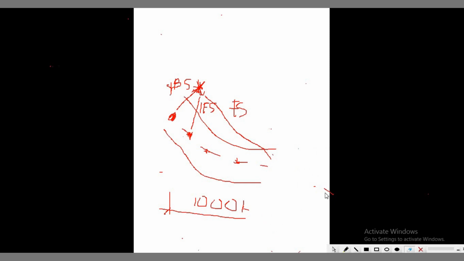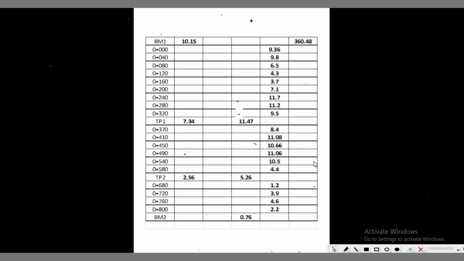So, static profile leveling. Now, how are we going to tabulate these points and how are we going to solve for the elevation for these points? Here is an example of a profile level node. Ito yung survey na ginawa nila. So, for this profile level nodes, this is my station.